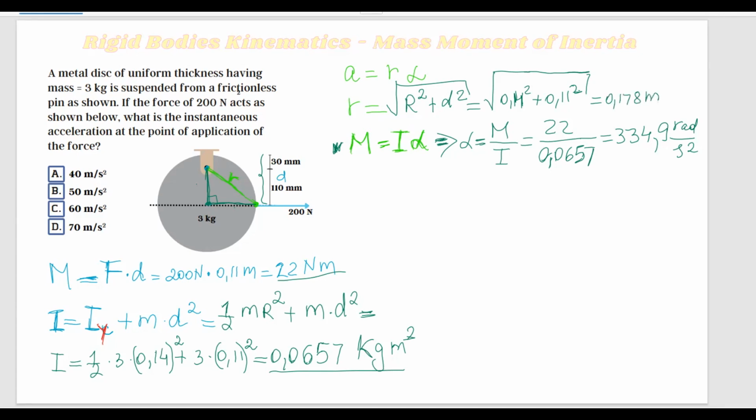So with r known and angular acceleration known, we can come back to this initial formula and substitute.